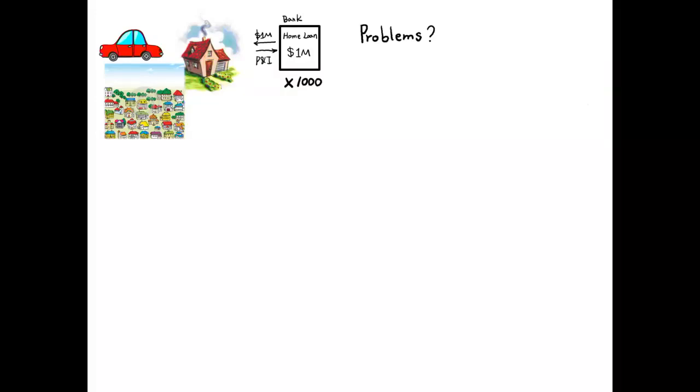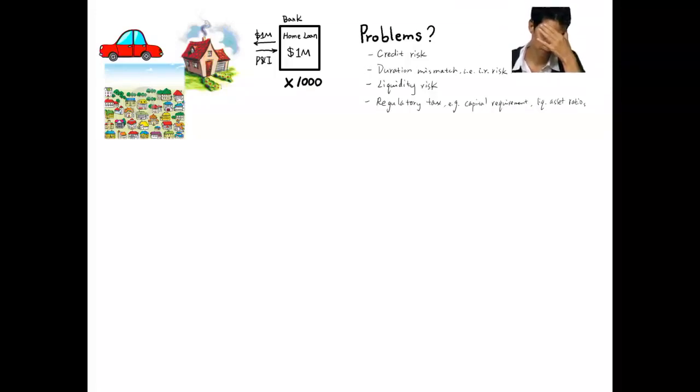Okay? So altogether we call them regulatory tax. So in summary, if you are a bank manager that manage $1 billion worth of home loans, you're probably gonna look like this. Okay, so a lot of problems you have to worry about every day.